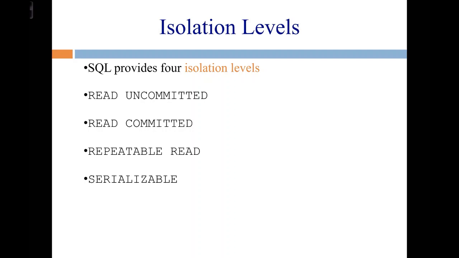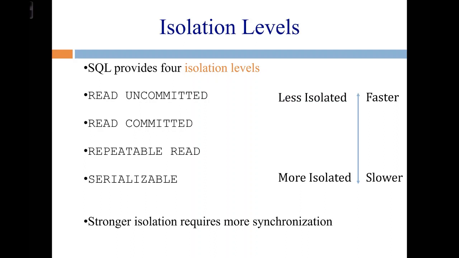So an isolation level in SQL is just a way of controlling how much synchronization there is between transactions, and there are 4 of them in SQL. Read uncommitted, read committed, repeatable read, and serializable. And these are in order of the least isolated to the most isolated.